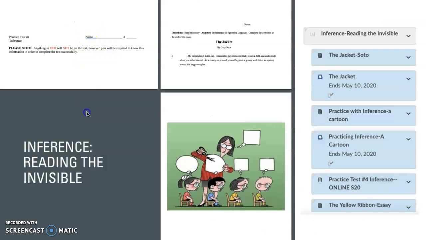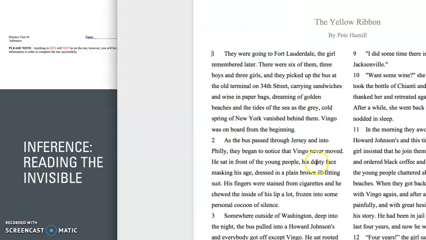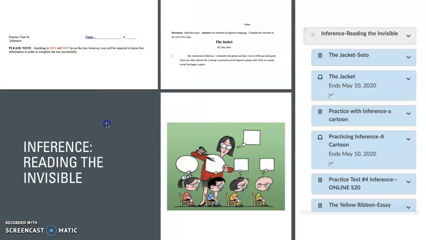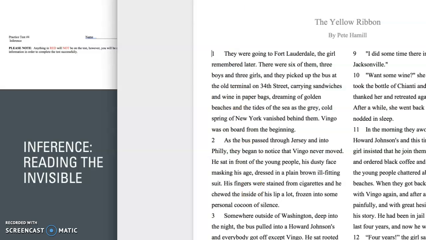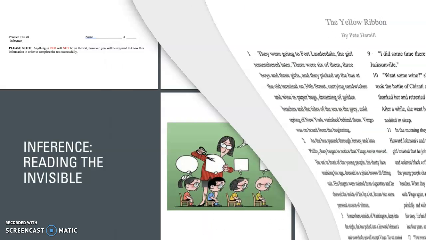And then the last thing that you're going to be doing with regards to inference and reading the invisible is the practice test. The essay for the practice test is posted in this folder. It's the yellow ribbon essay. It looks like this. So make sure that you're printing that out as well.